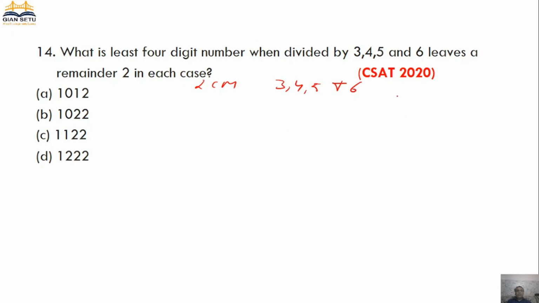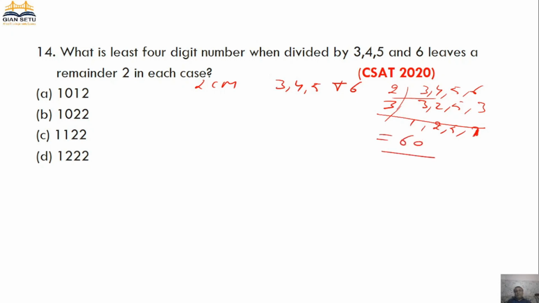Okay, right. Now we can see LCM is equal to 60.